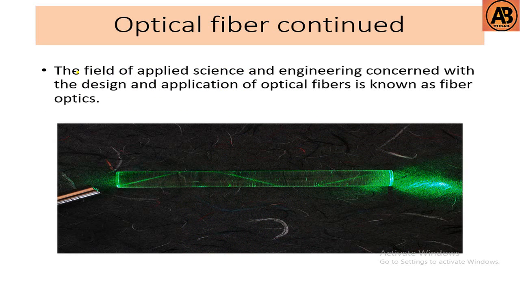The field of applied science and engineering concerned with the design and application of optical fibers is known as fiber optics. Here you can see that light pass here, then pass here, and then light pass through all of the optical fiber in this way.